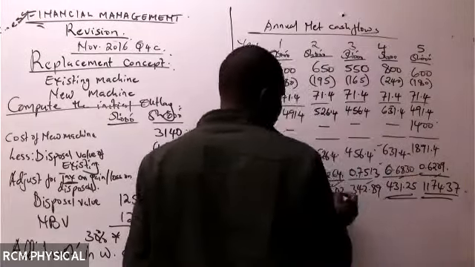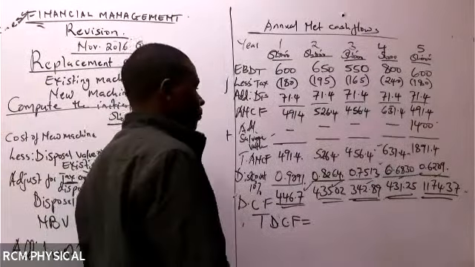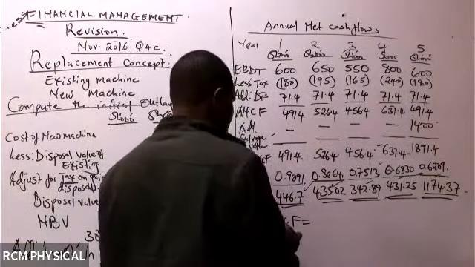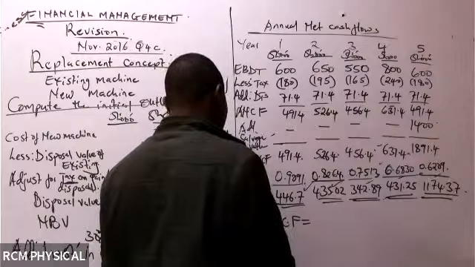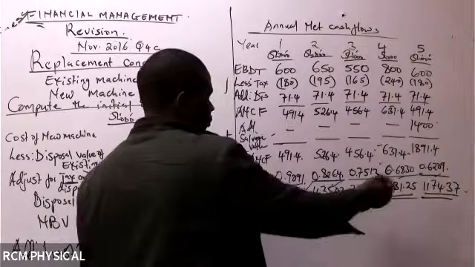Now add for me all this. Total. What is the total? We say that this is the present value. Total present value. Add all these.